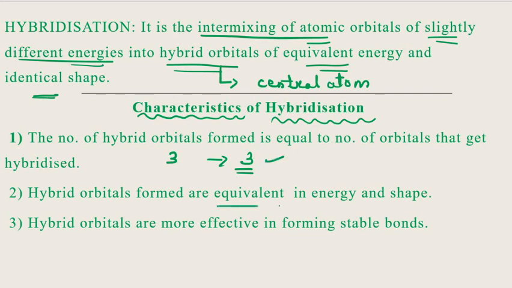The hybrid orbitals formed should be of equivalent energy and the same shape. They are also more effective in forming stable bonds compared to unhybridized orbitals. So if hybrid orbitals are formed, more stable bonds will be formed.